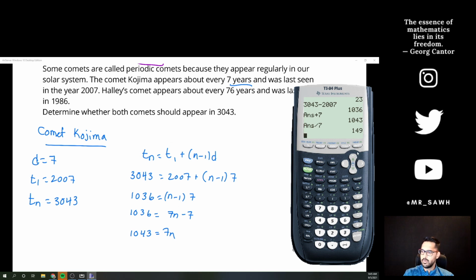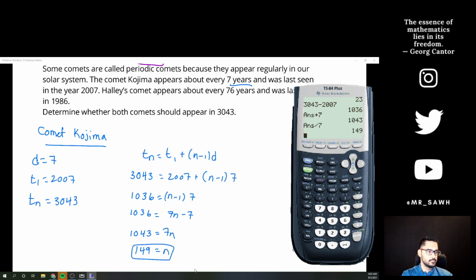And I got 149. I think I did something wrong. What did I do? I put something in a wrong spot, I think. Let's double check here. D is 7. Actually, I don't think I did. Okay, so I get 149 equal to n.